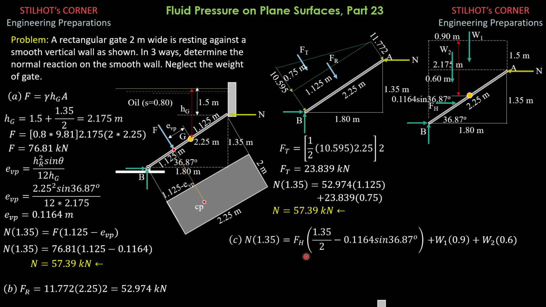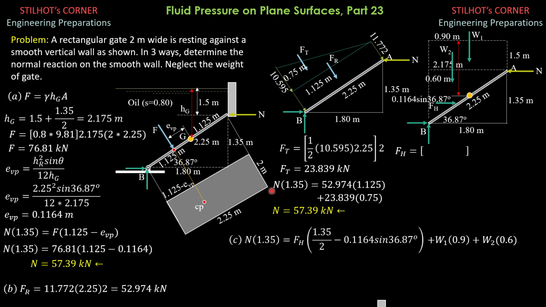Now, what is FH? FH is specific weight of oil, HG, which is 2.175, area where FH acts, which is this area here, vertical projection of the gate, which is 2 meters by 1.35 meters.